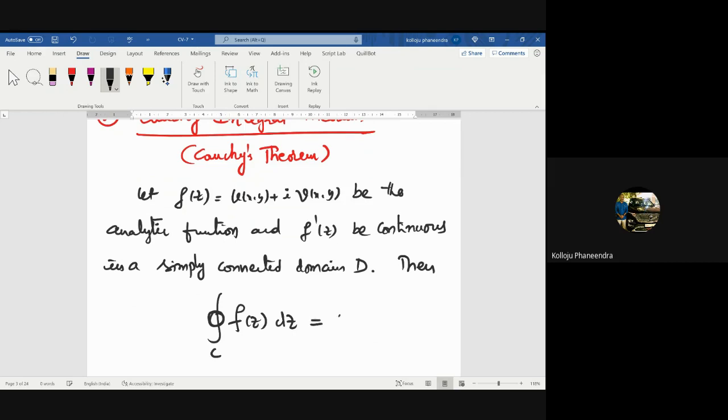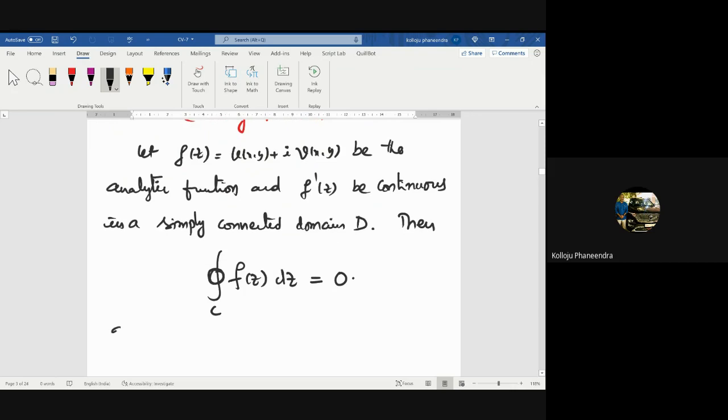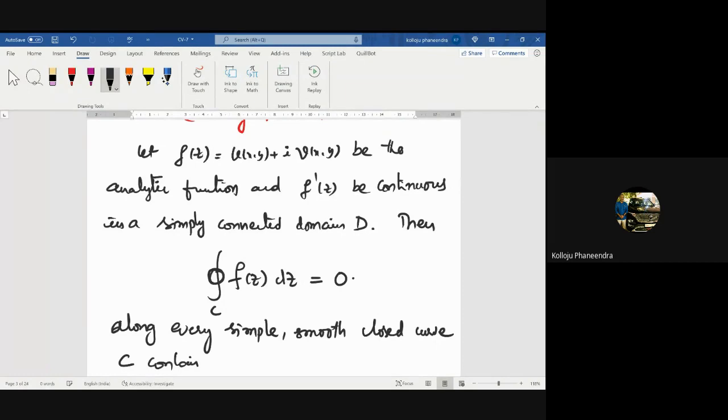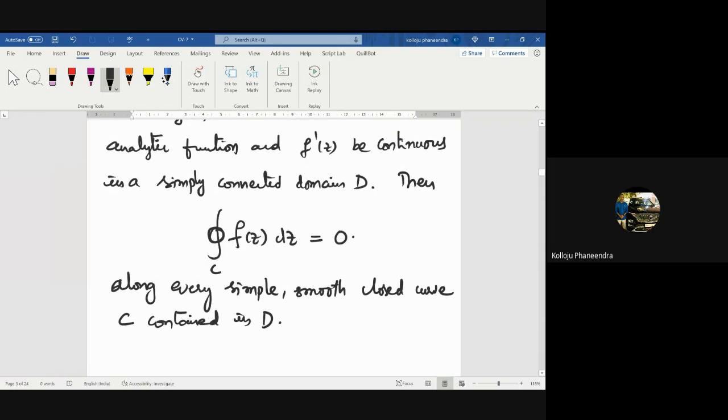Integral f of z dz equal to 0 along every simple, smooth, closed curve C contained in D. Along any simple and smooth closed curve C contained in D.